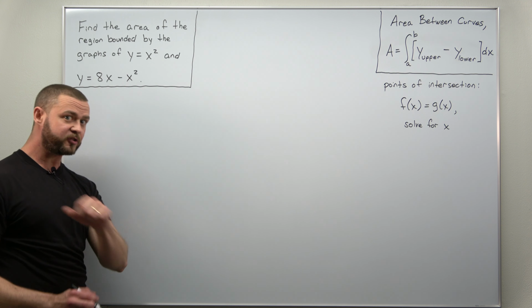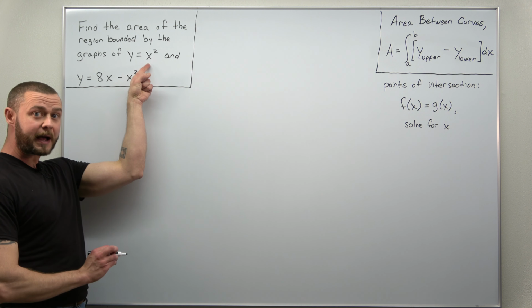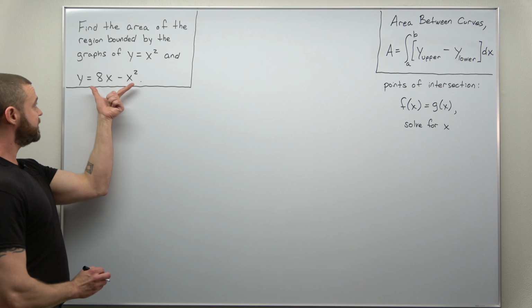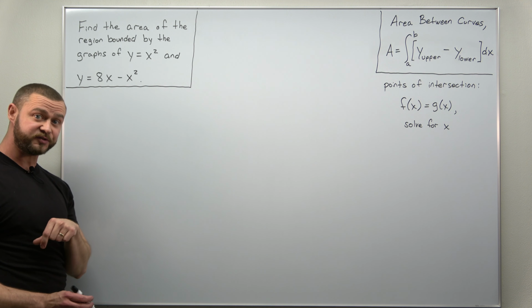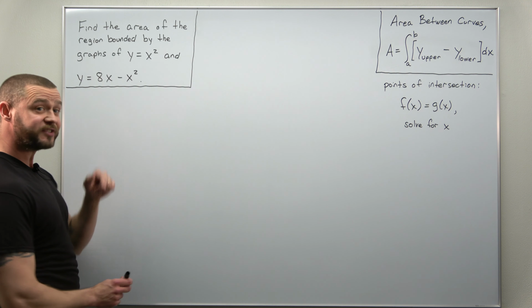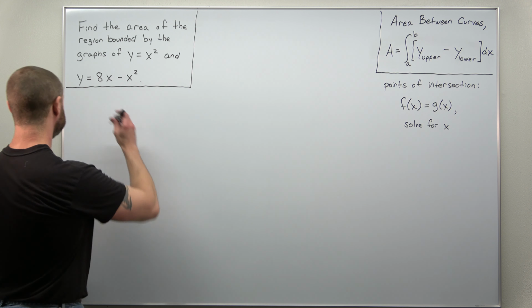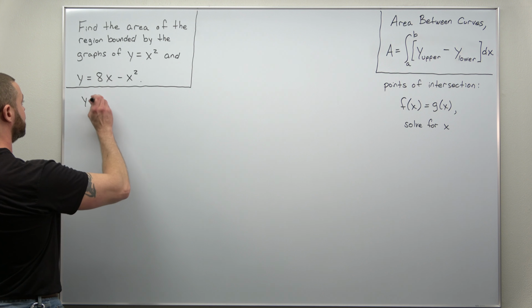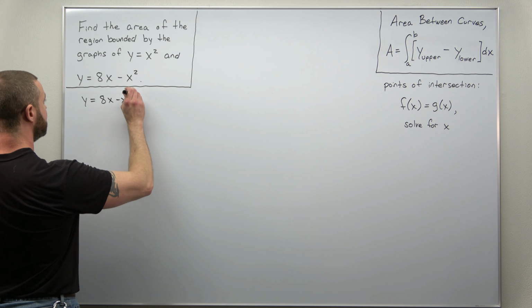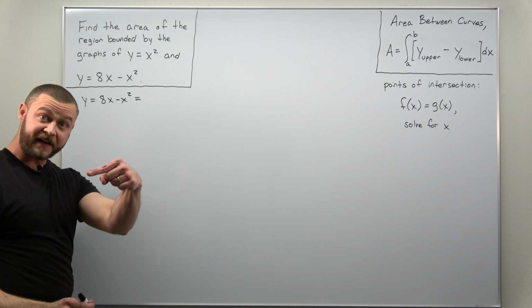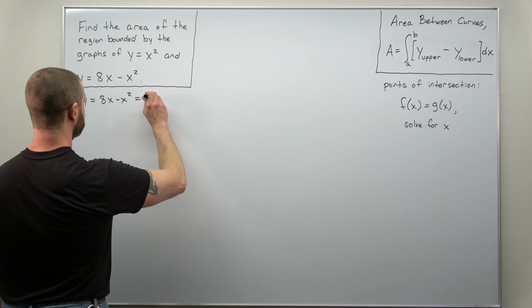From your knowledge of algebra, we have our basic parabola, which opens upwards. This one here, due to the negative in front of x squared, is going to be a parabola that opens down. Now, you can easily sketch that by the intercepts. So if I rewrite that as 8x minus x squared, I'm going to factor x out.